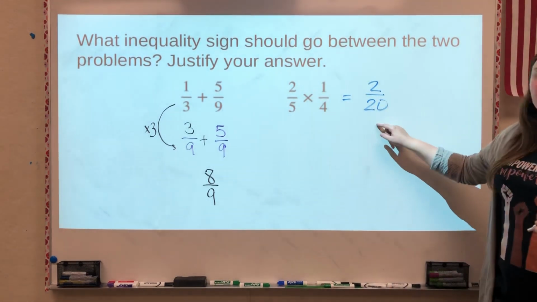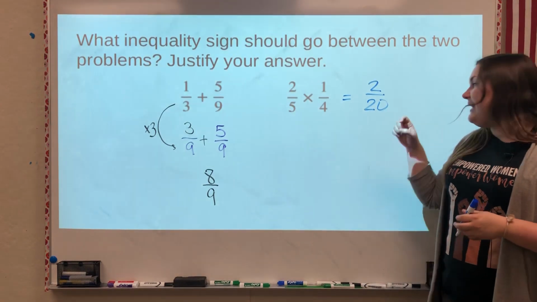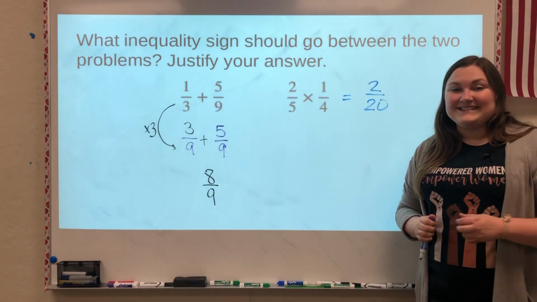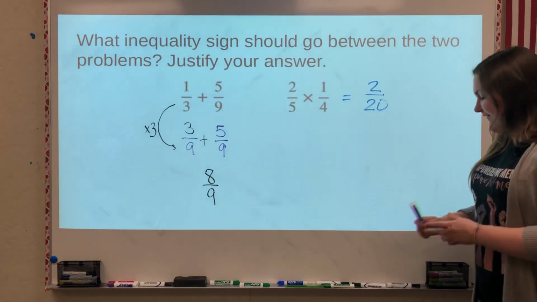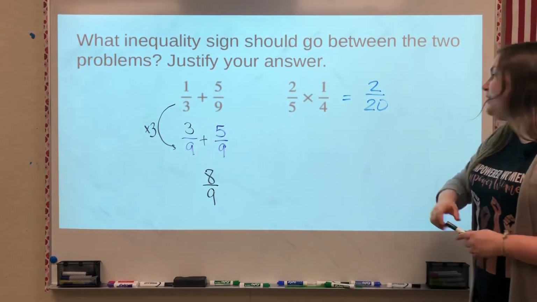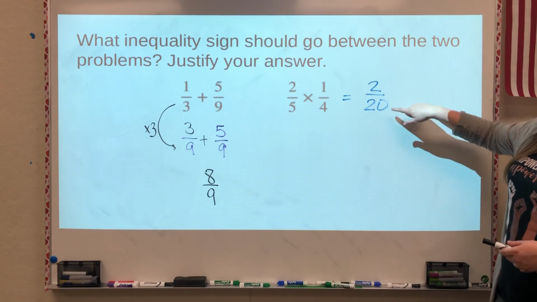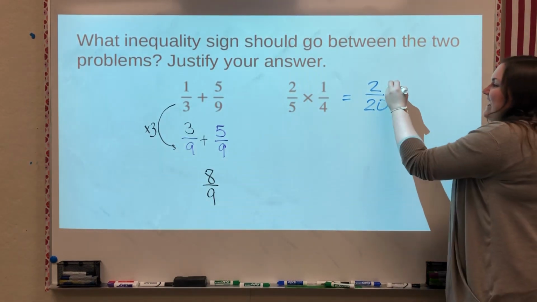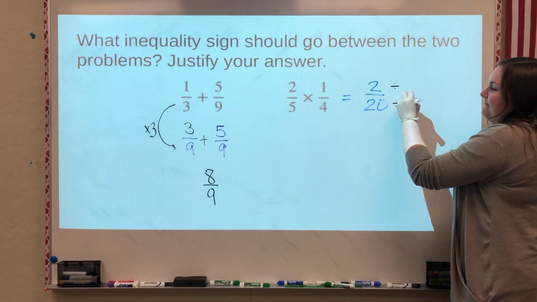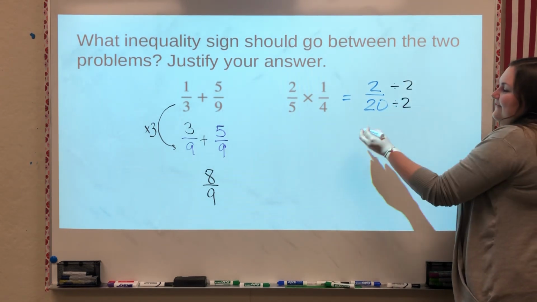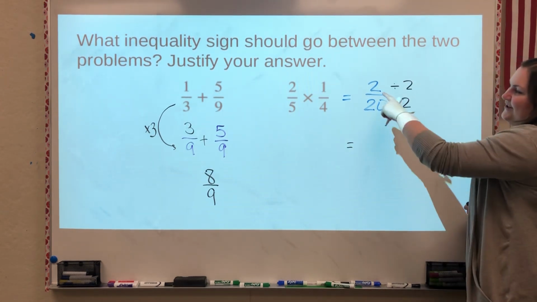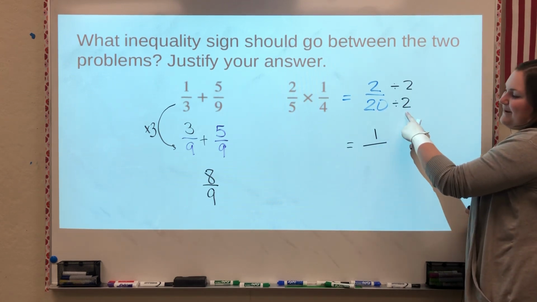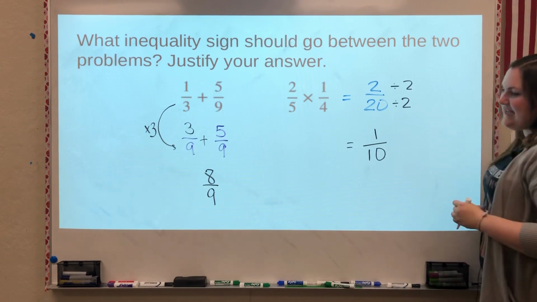Now for this one, there's something else I can do. I notice both these numbers are even. That's a clue that I can simplify. We simplify by finding a common number you can divide both your numerator and your denominator by. I notice they're both even, which means I can divide both of them by 2. 2 divided by 2 gives me 1, and 20 divided by 2 gives me 10.